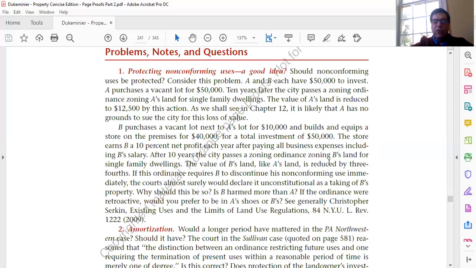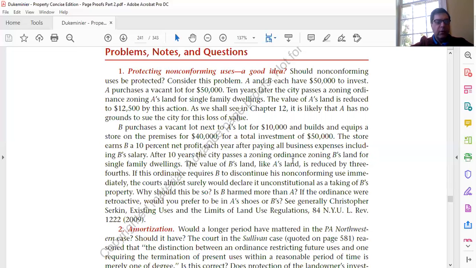And so is there a good reason for courts to protect the non-conforming use, the business that's actually been operating for 10 years, but not to protect the owner of the vacant lot, whose lot loses value as a result of an ordinance?